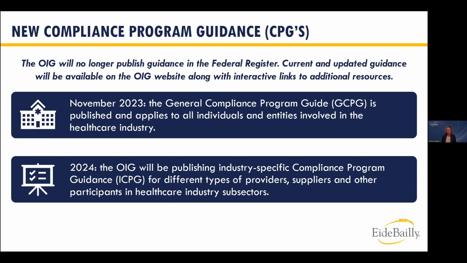What they did do, however, is they just recently issued a program guide for nursing facilities. So they were just a little bit delayed, I think, in their plan for the rollout of some of these industry-specific program guidances. However, we do have the general guidance from 2023, which is the most updated version, and that is in the new format that I just described.